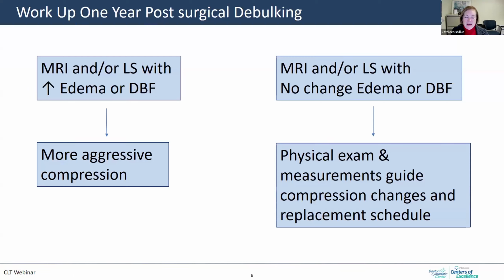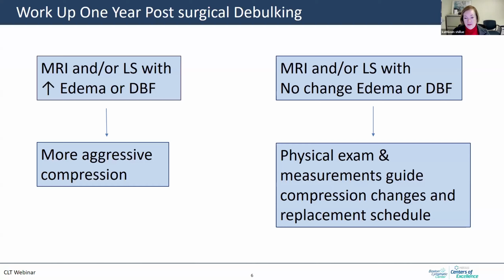We would expect to see much less fat hypertrophy because all the fat has been removed. But do we also see a reduction in the amount of edema? Has the patient been able to maintain that edema control over the course of the year? And we want to make sure we're not seeing any worsening. The worst case scenario, we see more fat hypertrophy, which would really make us redouble our efforts in containing with much more aggressive compression.